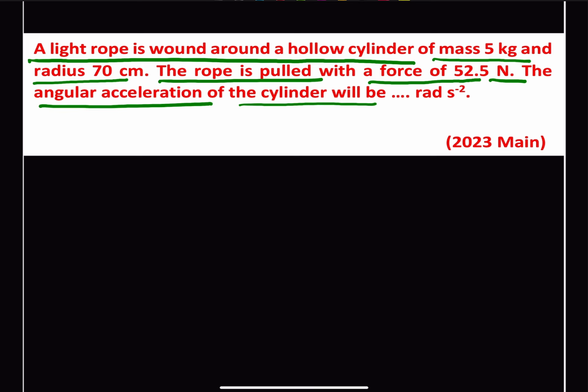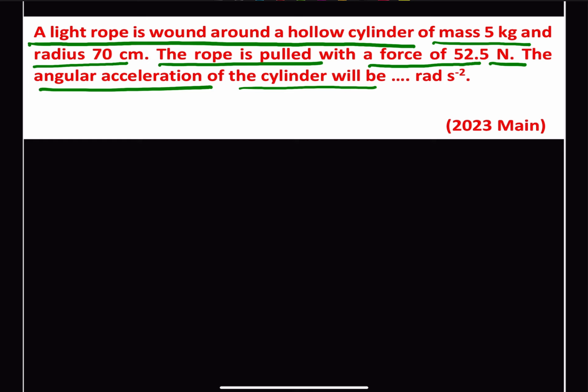Okay. So in this case, we can just draw an approximate figure. We have a hollow cylinder and a rope is wound on it, something like this, and this is the loose end of the rope, and here a force F is being applied, whose value is given to us, and because of that it is going to rotate.